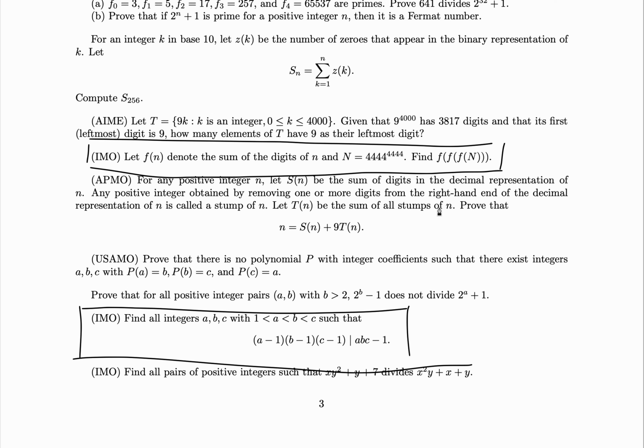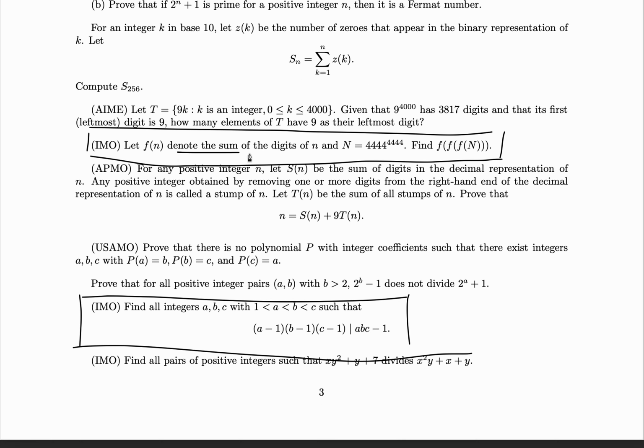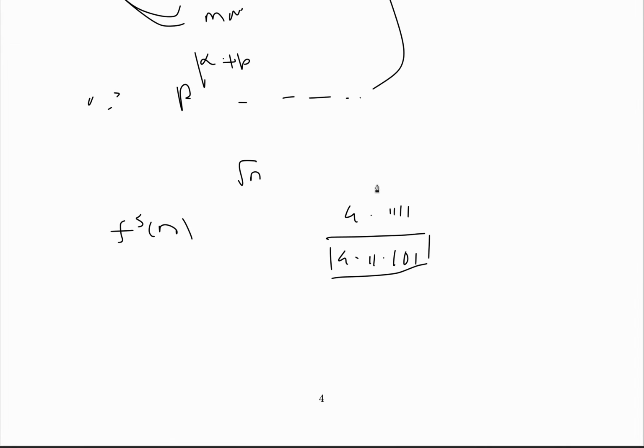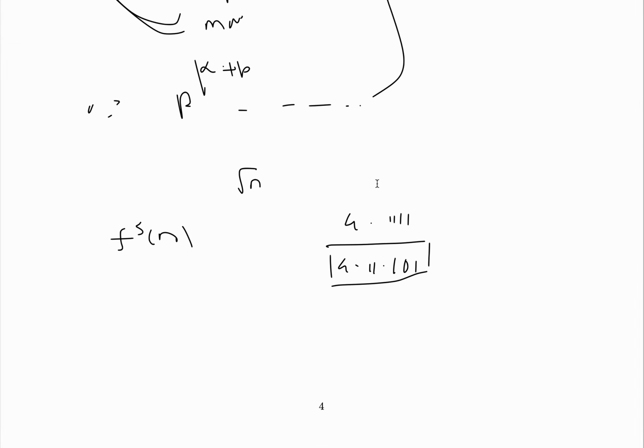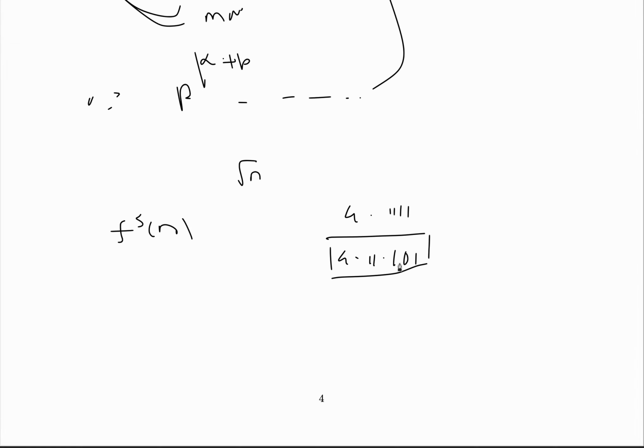Let's say we denote the sum of the digits of n here. So this comes from the lemma that 404 times 11. Okay, sorry. This can be factorized in the form of 4444, which is also really intuitive.